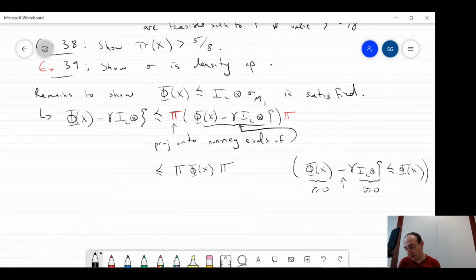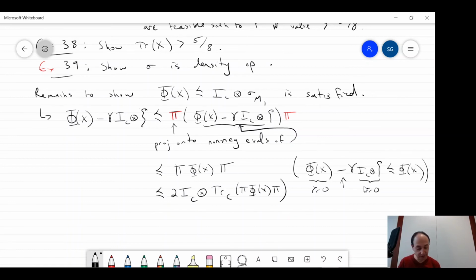And finally, we have one more. And this will use a non-trivial fact, which we won't prove here. I'll write down the fact in a second, but this is what you get from the fact first. Trace out of C of pi phi of x pi. Okay.